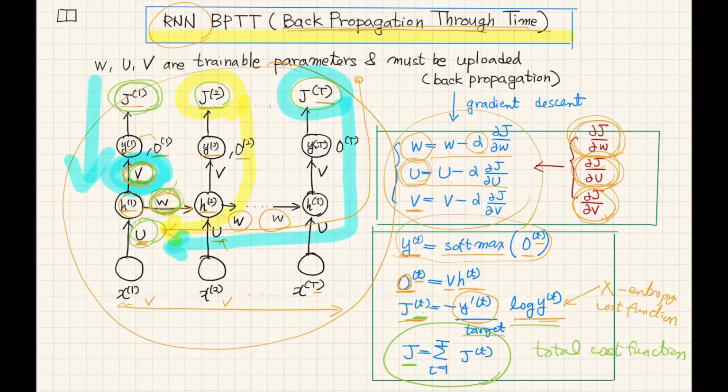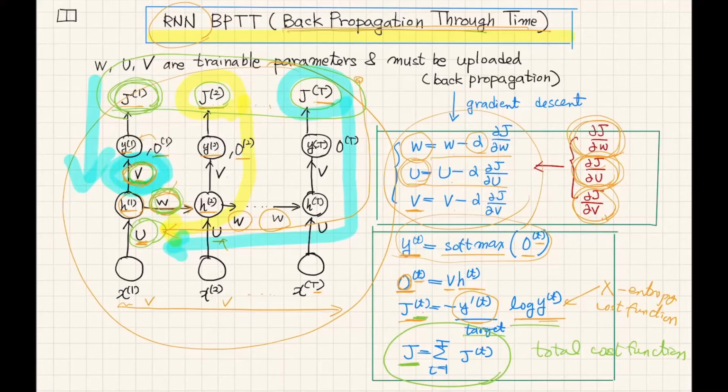In the previous classes, we talked a lot about the physical and mathematical meaning of the cross-entropy function. And having the cost function at stage 1 is not all. We have to sum all these cost functions. That is going to be the total cost function of RNN. These are the basics of backpropagation in RNN.